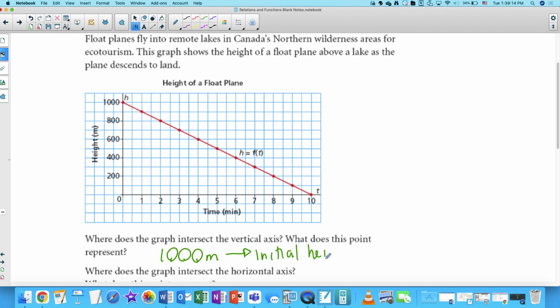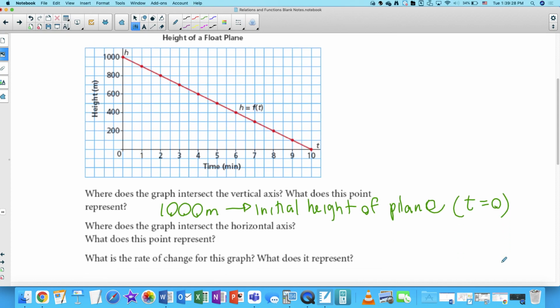Let's also look at the horizontal intercept. Where does the graph intersect the horizontal axis? 10 minutes. What does this represent?